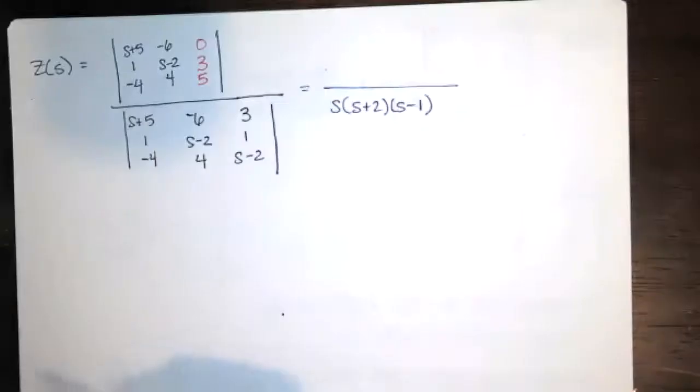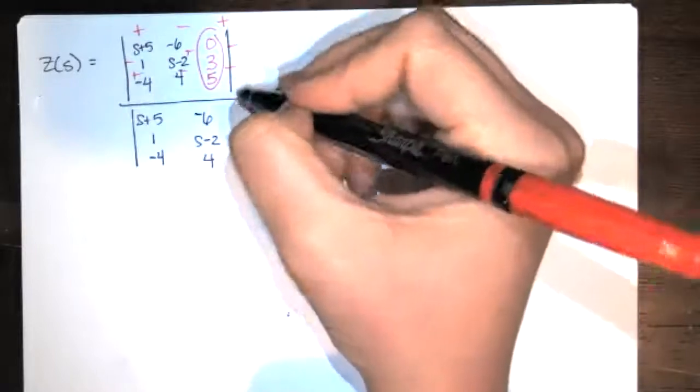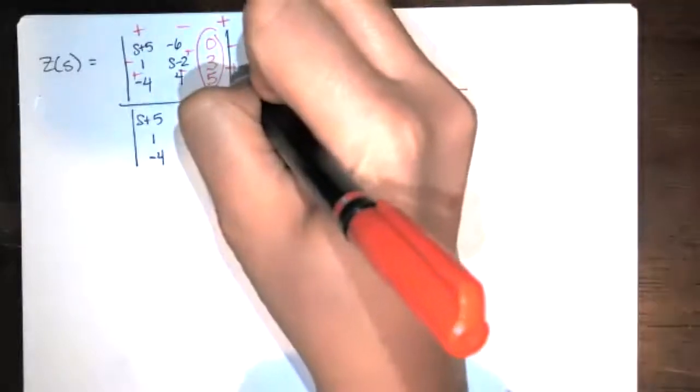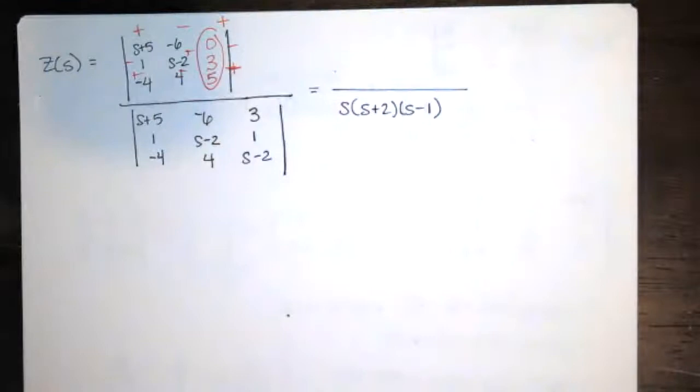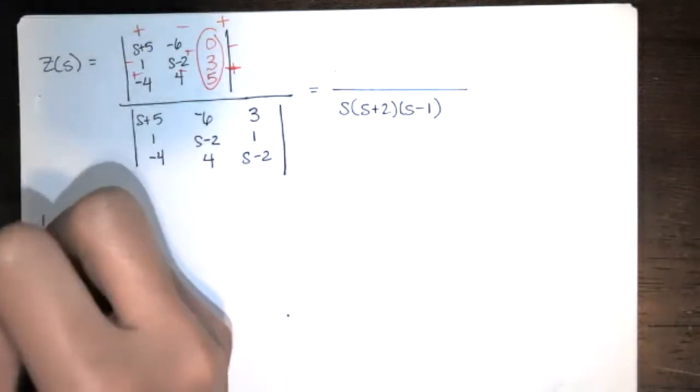And the numerator requires a little bit of work. So let's expand along this column now. We have plus, minus, plus, minus, plus, minus, plus, minus, plus. So we ignore all of these signs over here and we just keep the plus, minus, plus. Okay. So expanding that now.